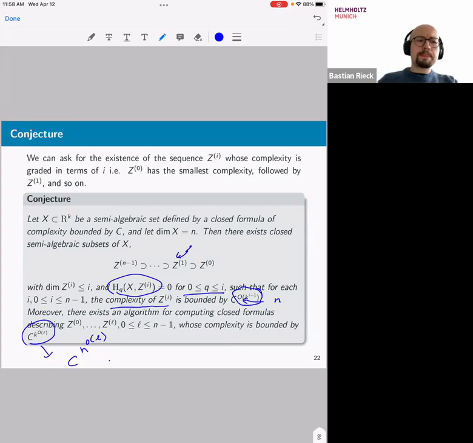And so some of the things that I have mentioned, like for example, what does it even mean to compute this functor? To compute homology, as we all know, is a functor. So typically the question should not be to compute the Betti numbers of a semi-algebraic set, but to compute a description of the homology functor of a given semi-algebraic map.